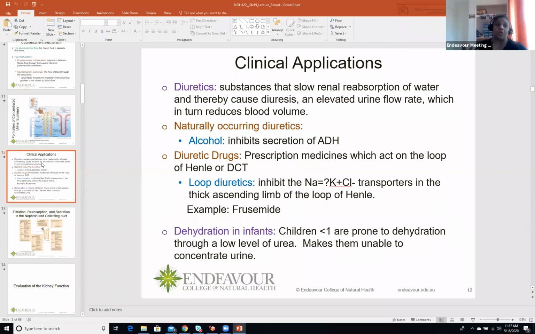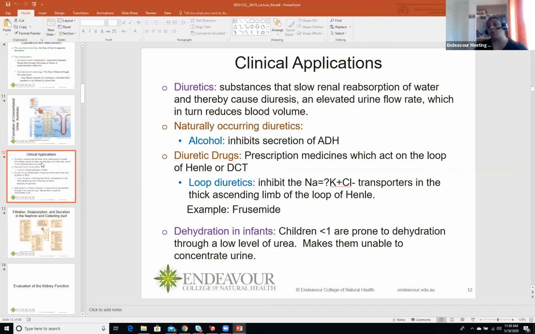They reduce the renal reabsorption of water, particularly in the descending limb of the loop of Henle, because that is where the reabsorption of the remaining water takes place. The ascending limb is already impermeable, so very little reabsorption happens there anyway. Some diuretics work on the DCT, to form more urine and allow you to eliminate ions and water from the body.